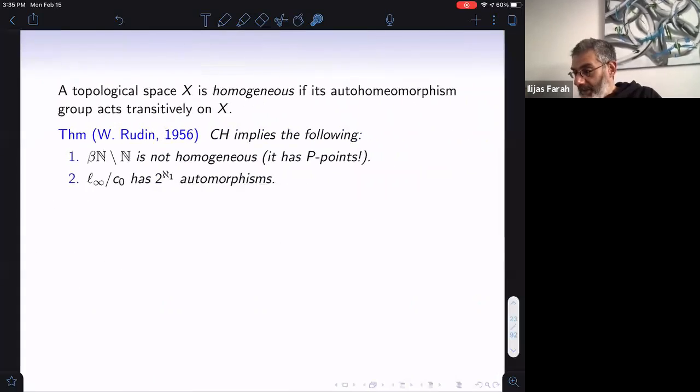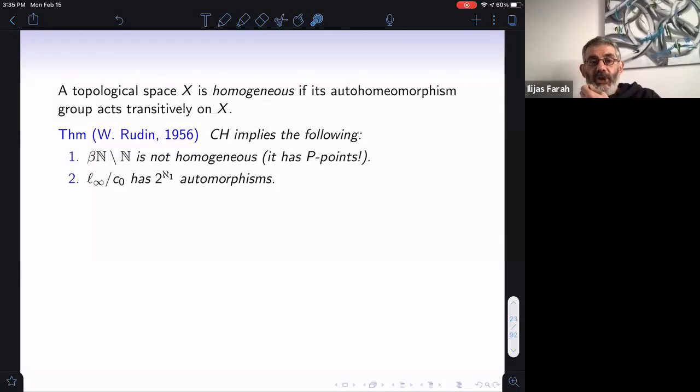Okay. So let's take a look. Now, the earliest result in the subject goes back to Walter Rudin from the 50s. His motivation was different from our motivation here, but I just want to say one word about it.